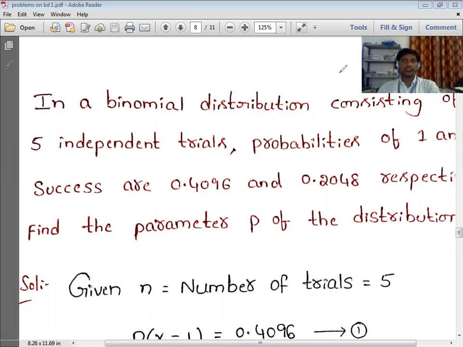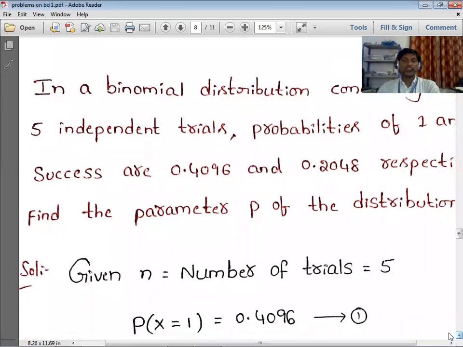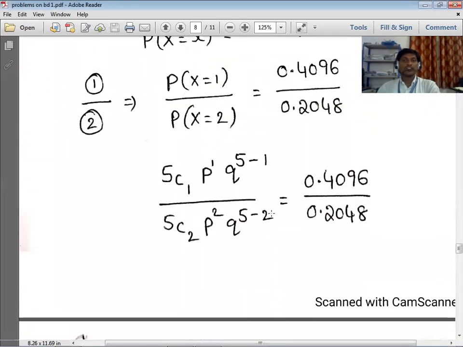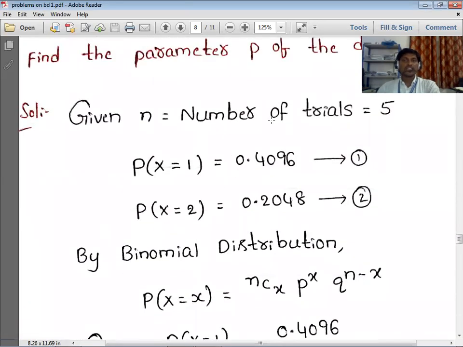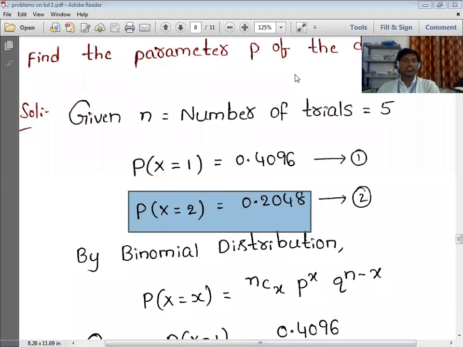So first we write the number of trials: n is equal to 5, and this is the information they gave in the problem. P of x equal to 1 is 0.4096 and P of x equal to 2 is 0.2048. From these two we need to calculate the parameter P.